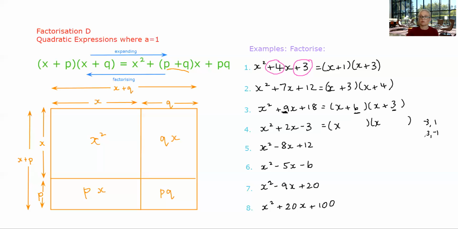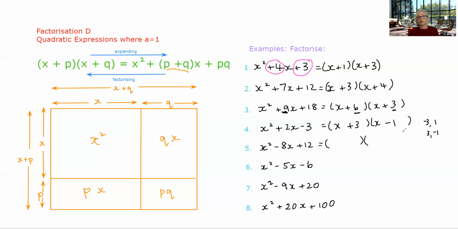One of them has to be negative and one has to be positive. We just need to work out which one of those is going to work. Well, we want to get a plus 2x. So this is the option we're going to take, plus 3 and -1. If we had x squared minus 2x minus 3, then we'd use the other option.